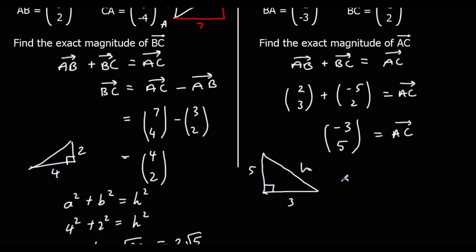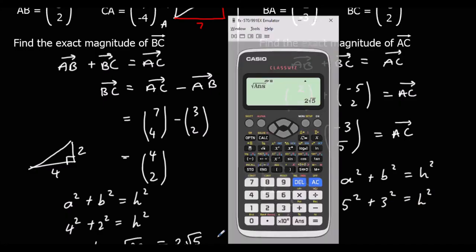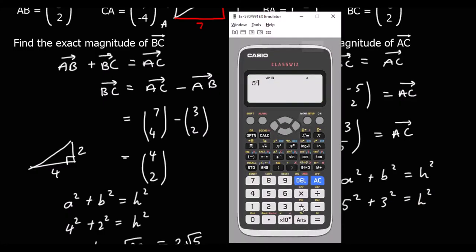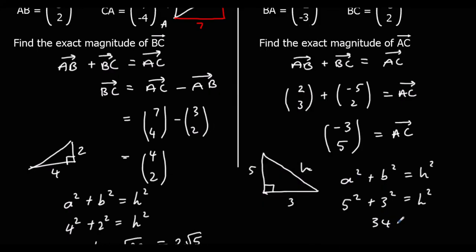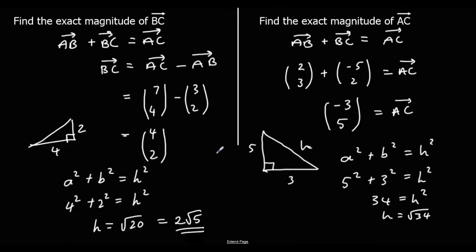So A squared plus B squared using Pythagoras equals H squared. So 5 squared and 3 squared equals H squared. 5 squared plus 3 squared is 34, and the square root of 34 is just root 34. H equals square root 34. So that's the magnitude of A to C.